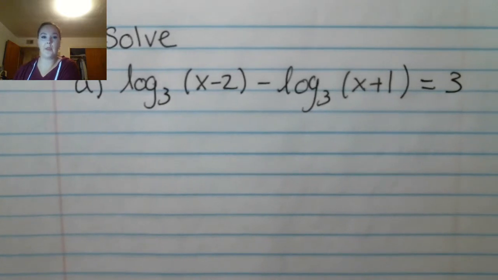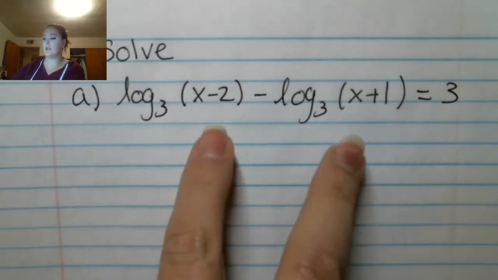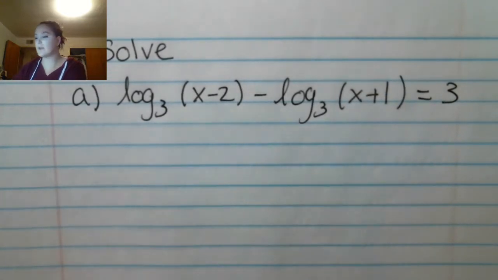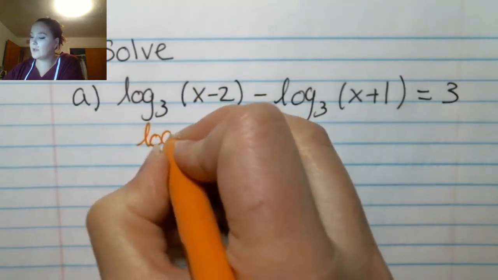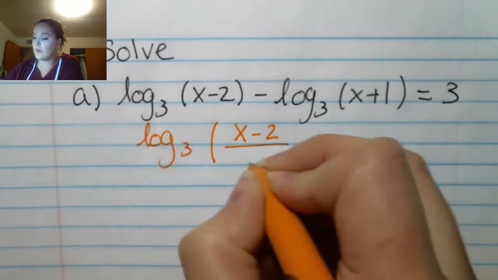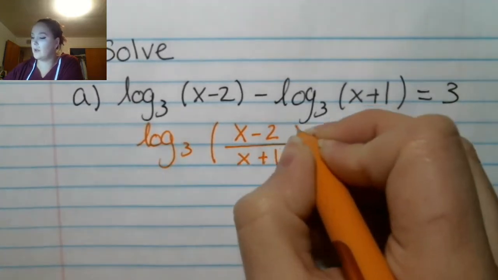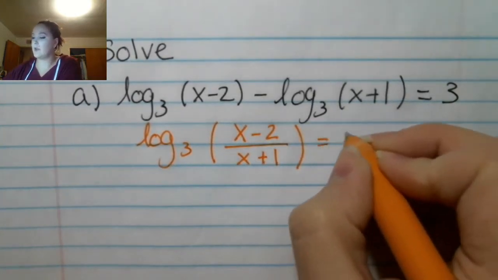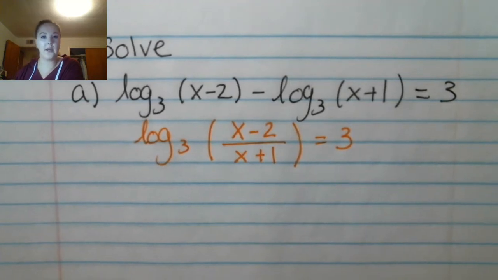Now again, this is subtraction, so we can combine this into a single quotient. So we get log base 3 of x minus 2 over x plus 1 equals 3.